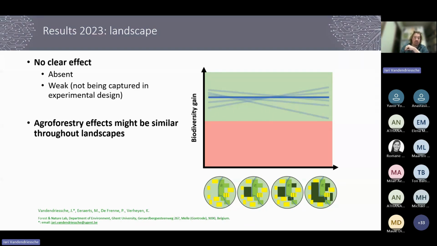We only had 27 fields, so that's still a possibility. But even then, if it were a really obvious effect, we would have noticed it by now. So in conclusion, agroforestry effects might be similar throughout all those landscapes and might be quite stable.